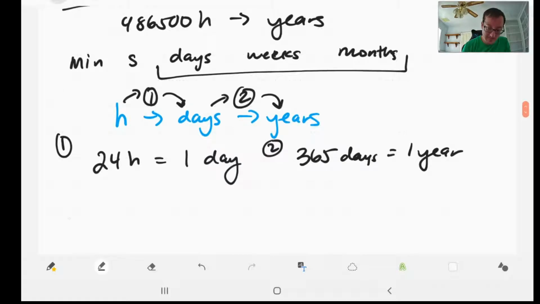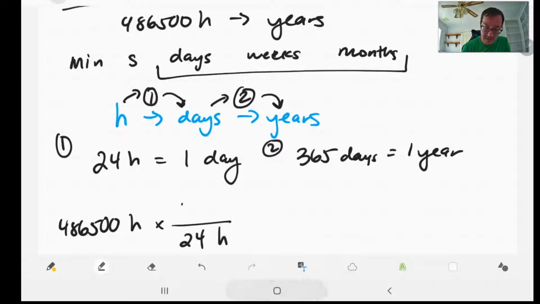So we always start with the number that we're given, 486,500 hours. We have hours, so we're going to want to put hours on the bottom. And so with our first conversion factor, we have 24 hours and 1 day. That's this conversion factor here. And then we have our second conversion factor.